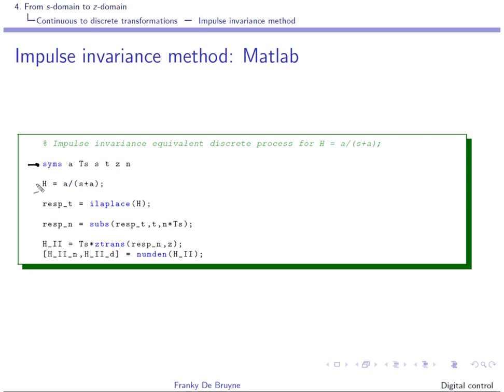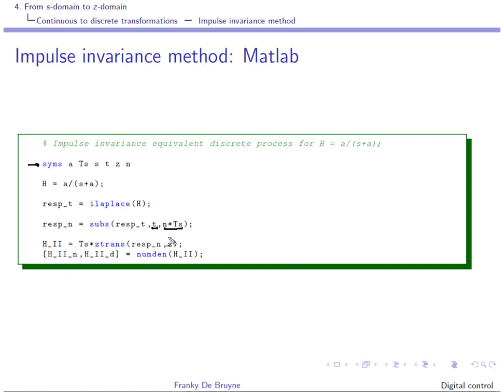You enter your transfer function and take the inverse Laplace transform. Here you have the continuous time impulse response. You replace t by nTs. So this is really sampling. Here you have the impulse response, but in discrete time. Then you take the z transform and you multiply by Ts. So you'll have the same expression.